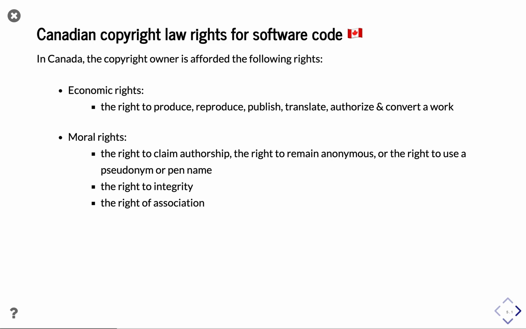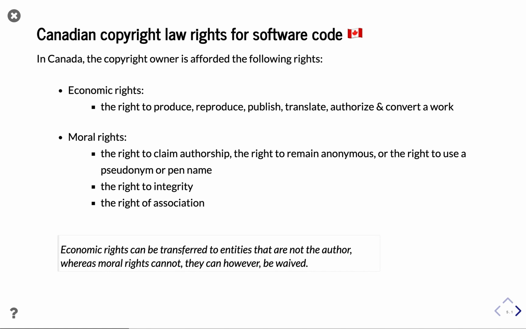The second is the right to integrity, so that you would not be libeled or slandered by the use of your work. And the third is the right of association with your work, so that you are to be known going forward as the person who wrote the code, for example.